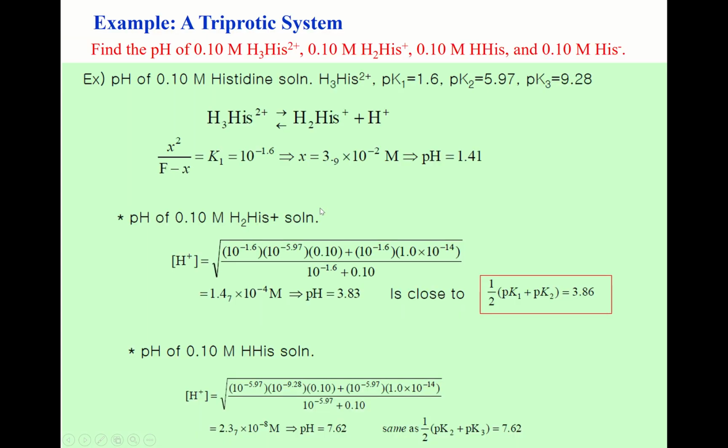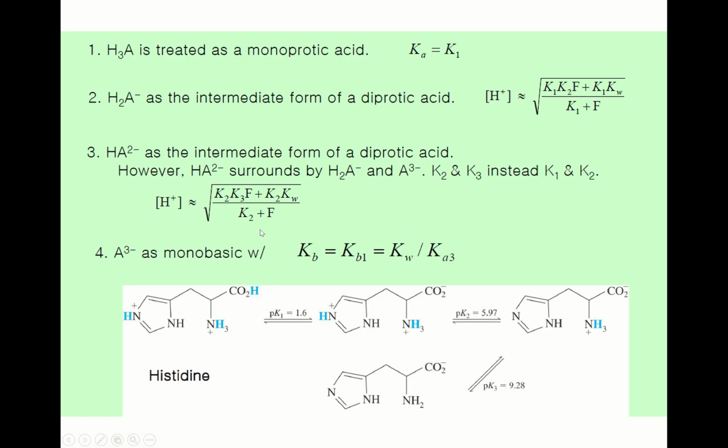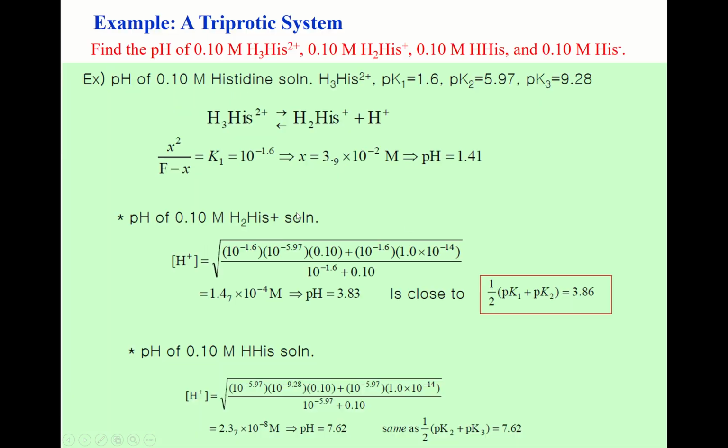Okay, and next is the third species. When you initially have only this histidine form, which equation do you use? This one. In this case, using K2 and K3, we can calculate the proton concentration.